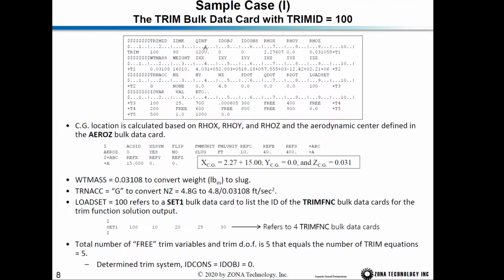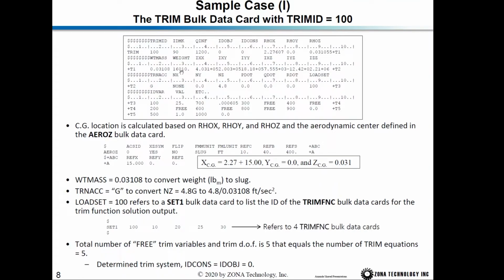This is the dynamic pressure, and then the rho x, rho y, rho z is the relative distance from the aerodynamic moment center to the CG. The aerodynamic moment center is defined in the Aeroelastic card, so REFX equals 15. So the CG location is 2.227 plus 15, and YCG equals 0, and ZCG equal to 0.0331.